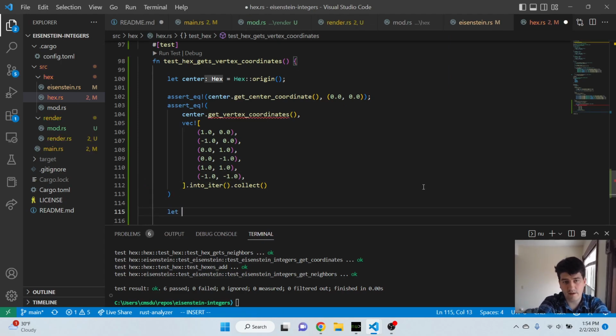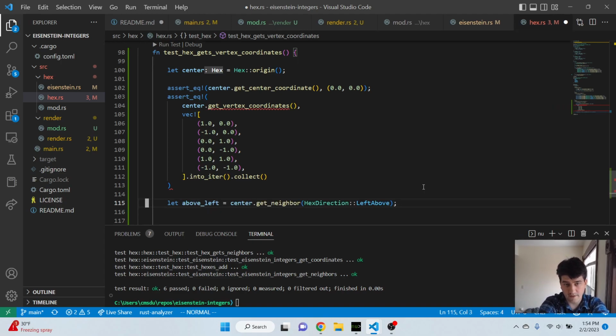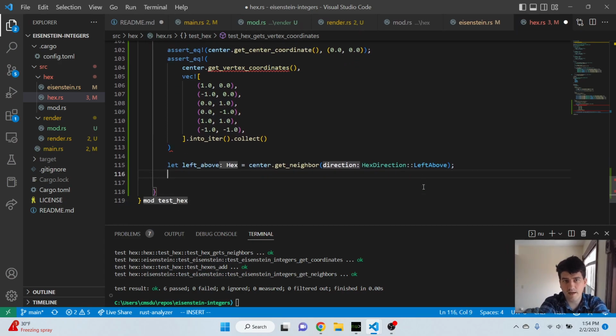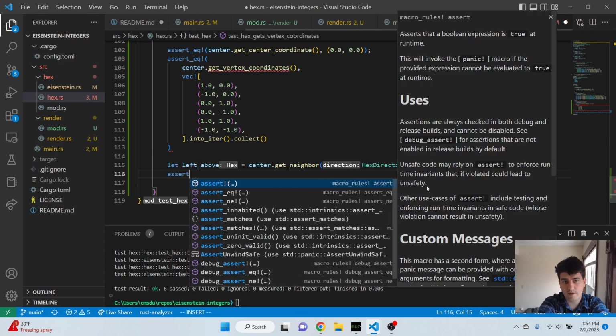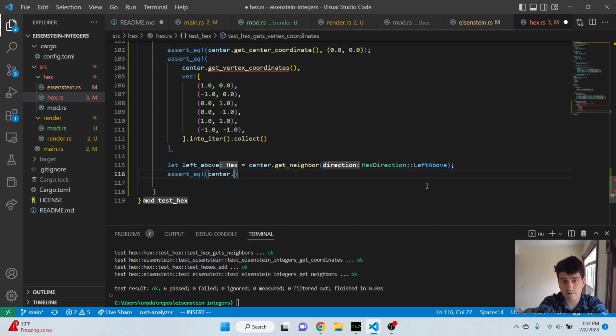And then let's say let above left, or left above, and here we can assert equals center dot get coordinate center coordinates.